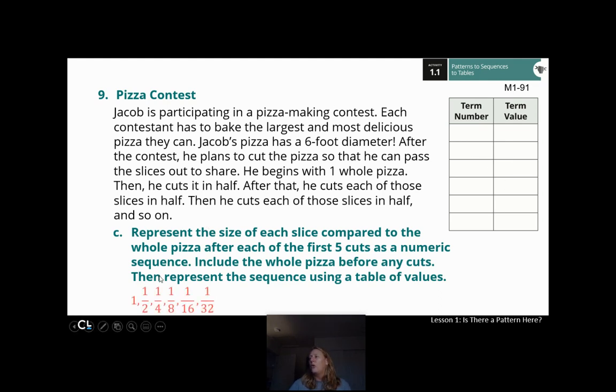So I start off with the whole pizza, but it gets cut in half to 1/2. Times a half gives me 1/4, times a half gives me 1/8, times 1/2 gives me 1/16, times 1/2 gives me 1/32. And of course, I'm going to put that all in my table. Yeah, table. Beautiful. One more.